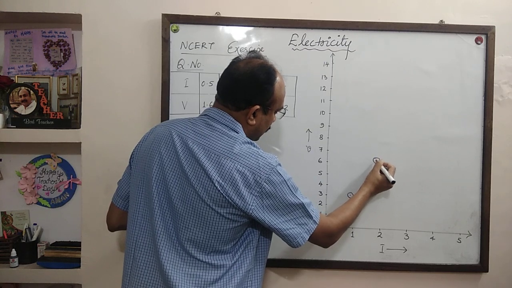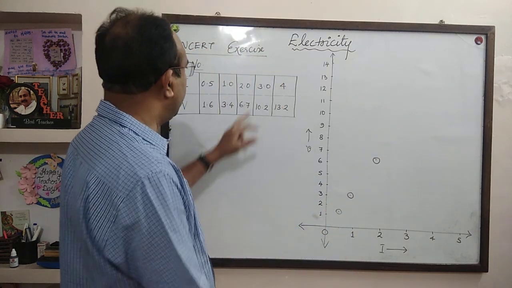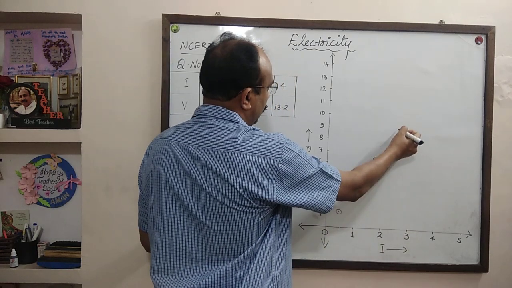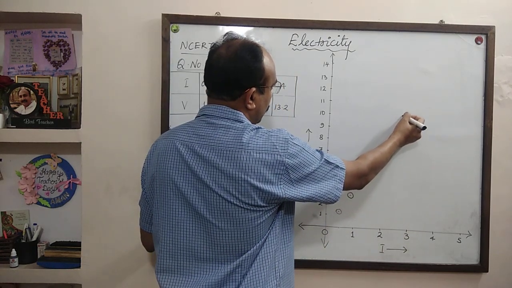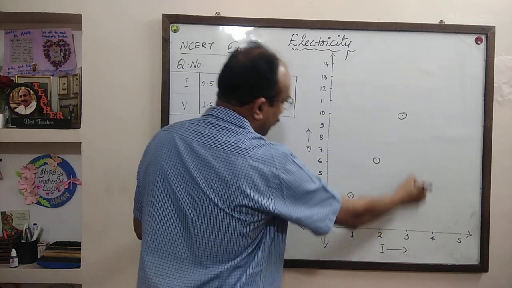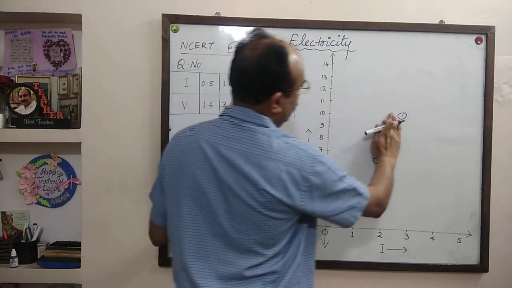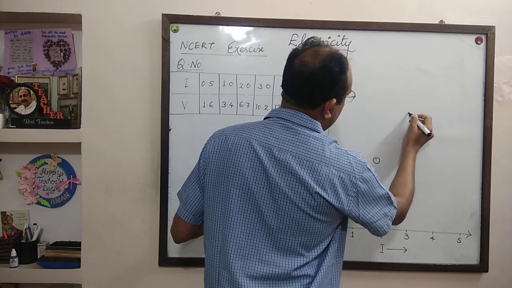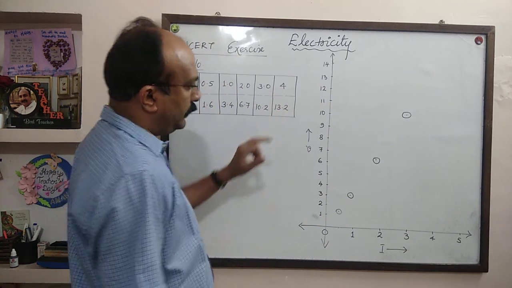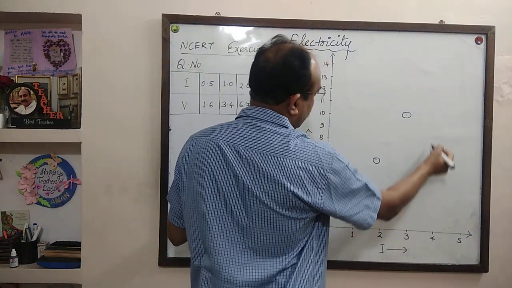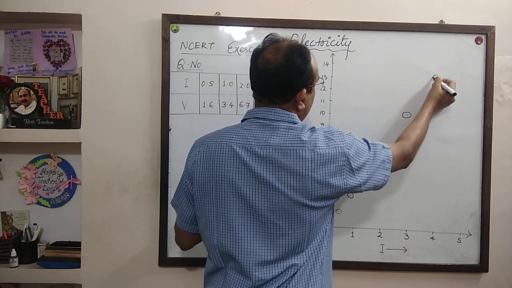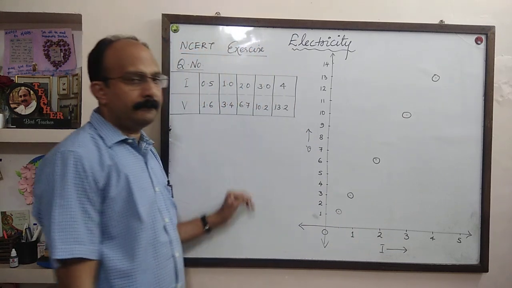It will be somewhere here. 3, 10.2. This is the point. It will be little towards here. And the last point is 4, 13.2. It will be somewhere like this.